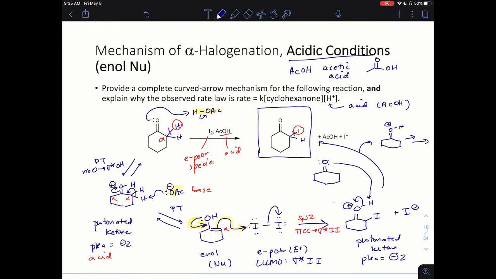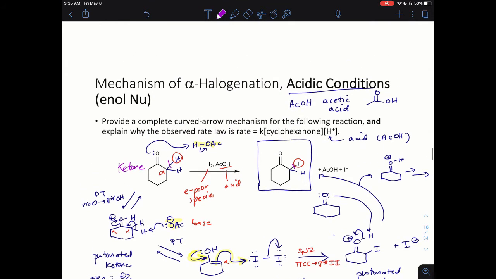So to summarize here, when you treat a ketone with a halogen, so let's write this at the top. So we have a ketone, and we'll use a simple one, plus a halogen, X2, but it could be iodine, bromine, chlorine.